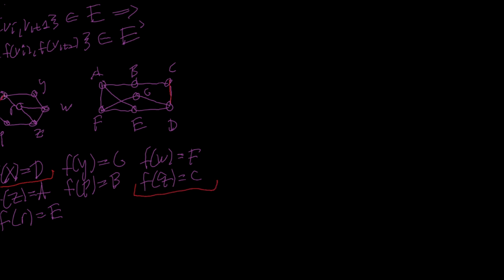We could view xy analogously to dg, since x maps to d and y maps to g. We could view xr analogously to de, since x maps to d and r maps to e.